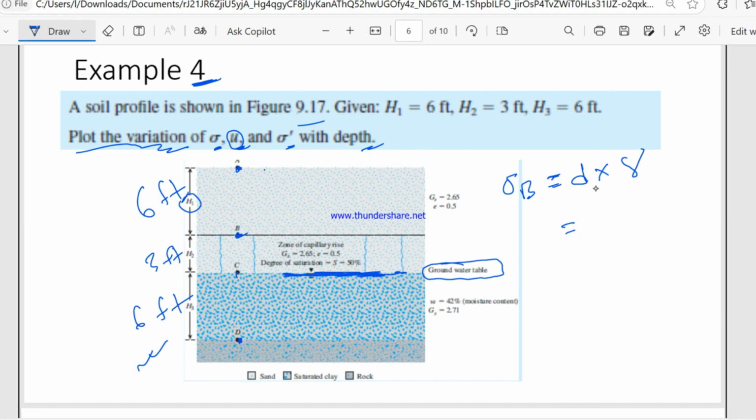For point B, the distance is 6 feet, and this is the dry sand area, so we use the dry unit weight.